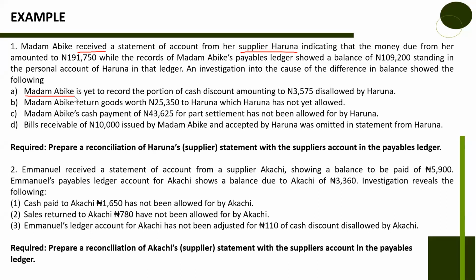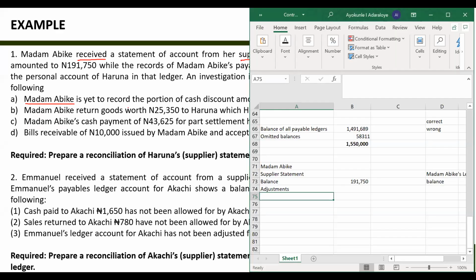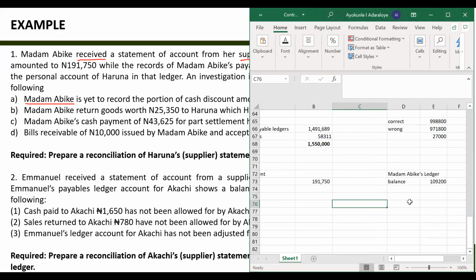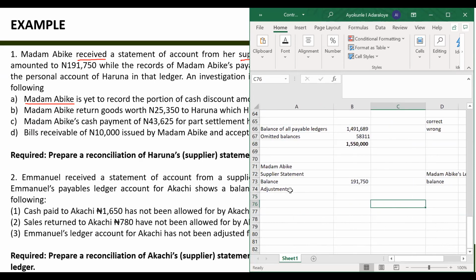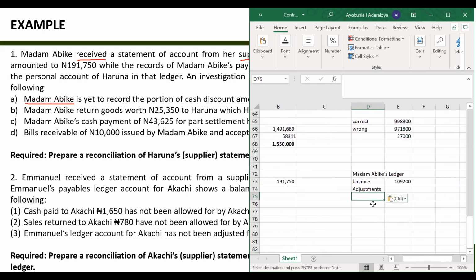So this is what in the books of Madam Abike. In case the English is trying to scatter your head, put it in your own form first, then revert it to the other one. Adjustment for discount disallowed. We'll be using it to increase Madam Abike.